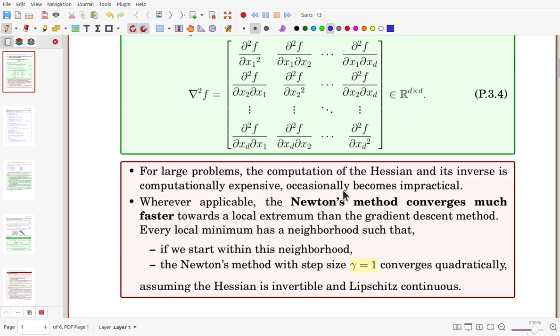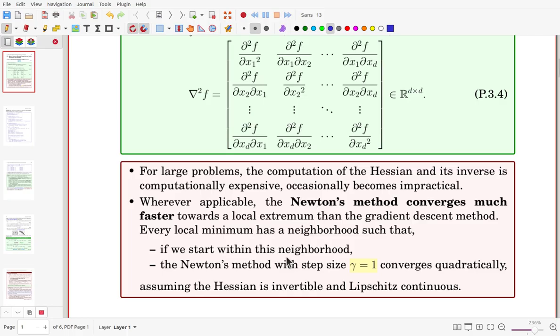Okay, now let's see some remarks. For large problems, the computation of the Hessian and its inverse is computationally expensive, and occasionally becomes impractical. Wherever applicable, Newton's method converges much faster than the gradient descent method.